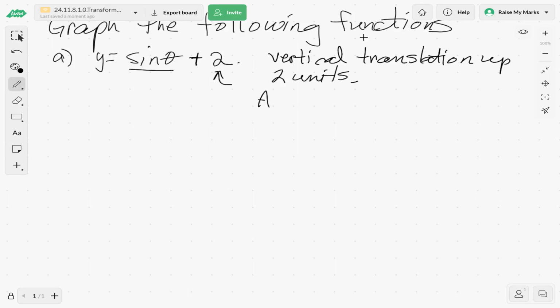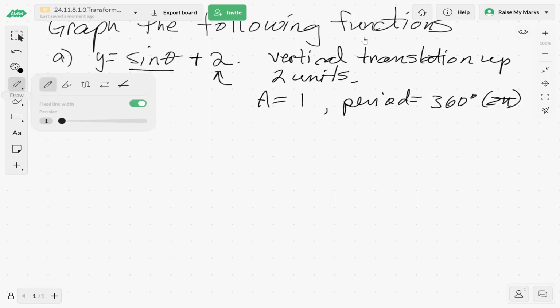The amplitude of our transformed function is still the same. It's 1, so it's the same as our parent function. The period is also the same and remains at 360 degrees or 2 pi radians. Okay, so with that in mind, let's draw our axes in.